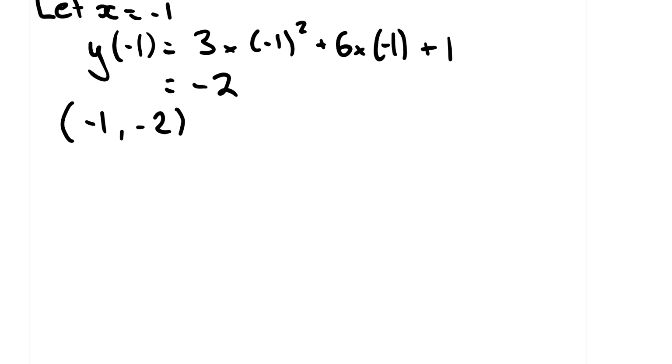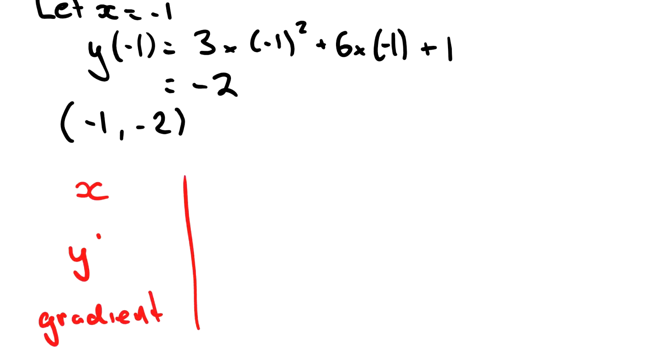So I like to create a little table here to determine its nature, where I have my x, I've got my first derivative, and then down here I've got gradient. Alright, so imagine this is like your little table going across here. So what I'm saying is, I know I've got a point at negative 1, so I'm going to put my negative 1 there, but I want to know what's happening to the left and the right.